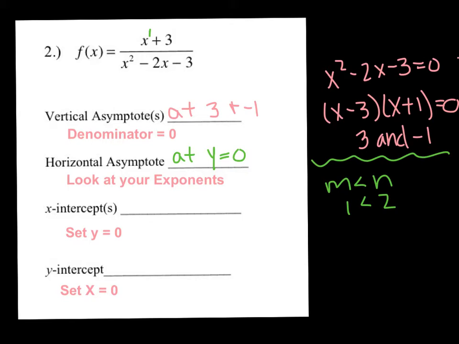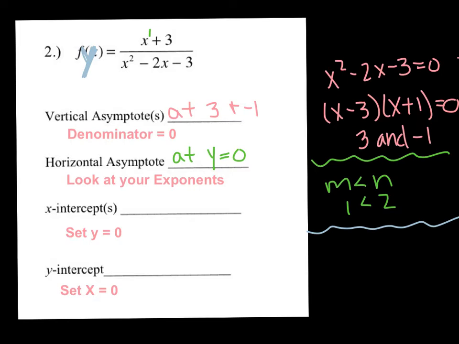Your x-intercept is when you solve for y being 0. Remember, f of x is really just y. What happens is you multiply both sides by x squared minus 2x minus 3, or you cross multiply, whichever you prefer. But you still end up with that left side being 0.